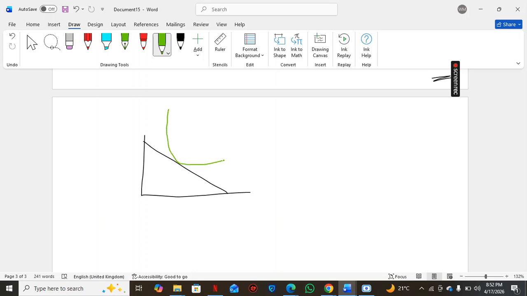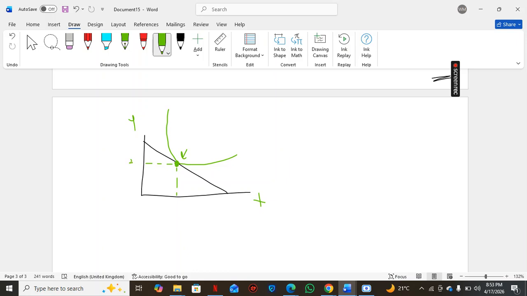So where these two touch, this is the combination of good X and good Y that will give you the most satisfaction. Okay, colleagues, this point here where the indifference curve and the budget constraint line touch gives you the combination of good Y and good X to give you the most satisfaction.